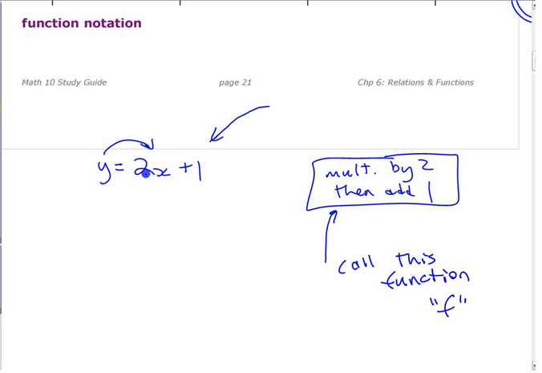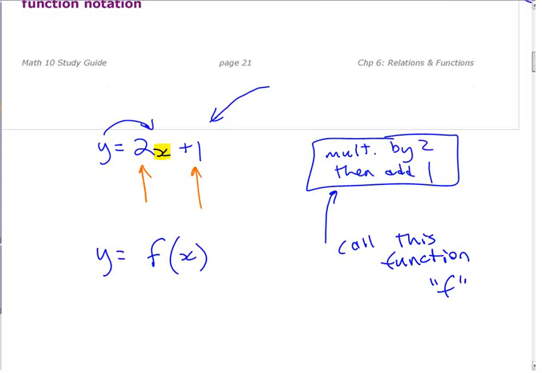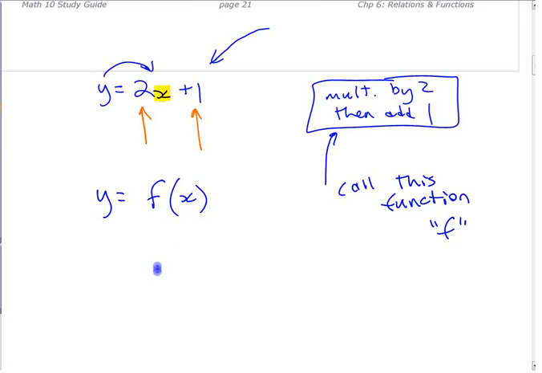So then what they might say is, instead of writing this all out, like take the x, multiply by 2, add the 1, if we want to talk about that function but we don't really care what it is, we're just going to say f applied to x. What this means when you put an f in brackets x, it means you say f of x.